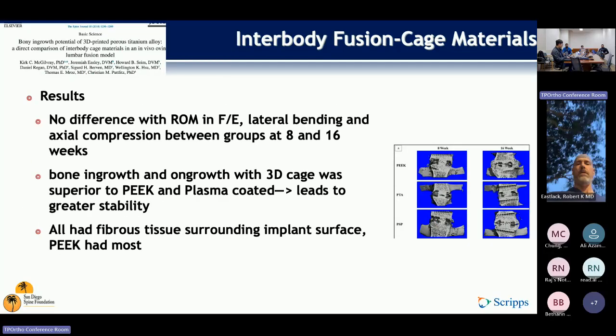They found no significant differences in range of motion, flexion, extension, lateral bending between the groups at 16 weeks. They found that the in-growth and on-growth of the 3D cage was superior to the PEEK, which theoretically leads to more stability. As mentioned earlier, they all had fibrous tissue surrounding them, but the PEEK had more than the two others, the coated and the 3D titanium.